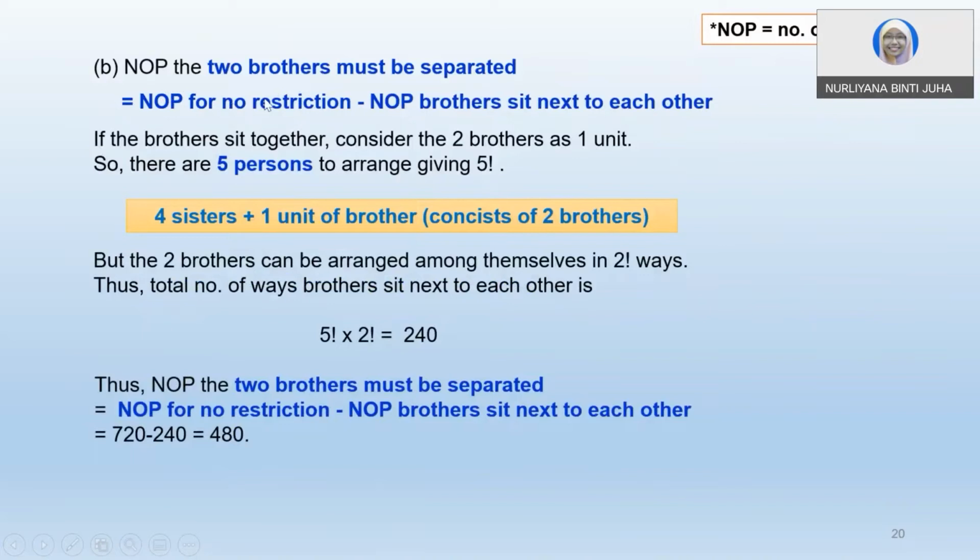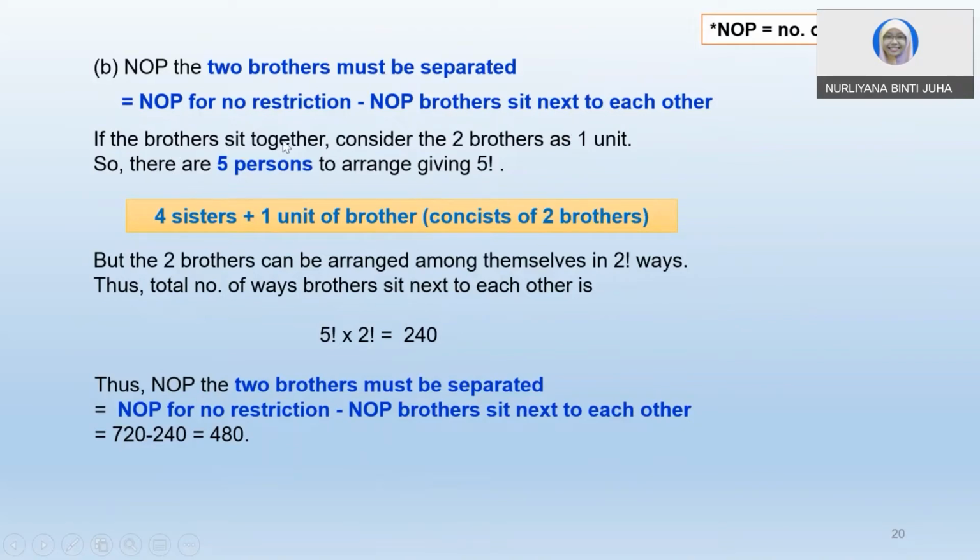No restriction meaning everything is possible. So you just need to minus the number of permutations where the brothers sit next to each other. Originally we want to find the two brothers sitting separated, not sitting next to each other. So what we need to find is the one with no restriction, minus the one sitting next to each other.